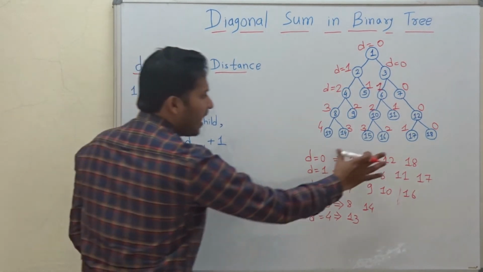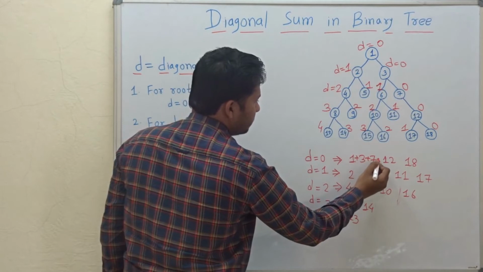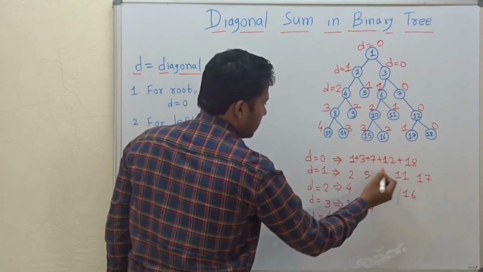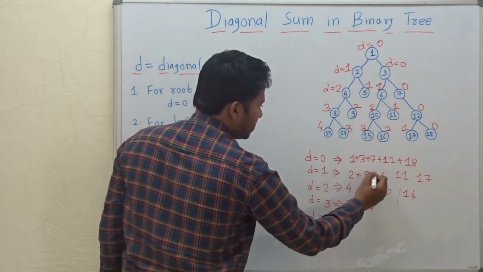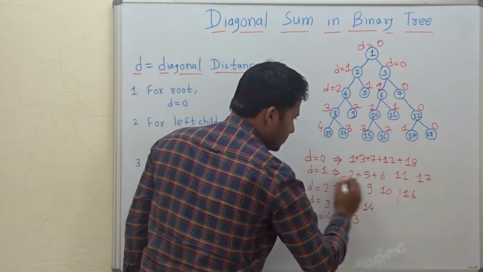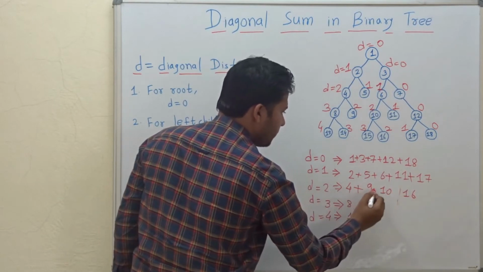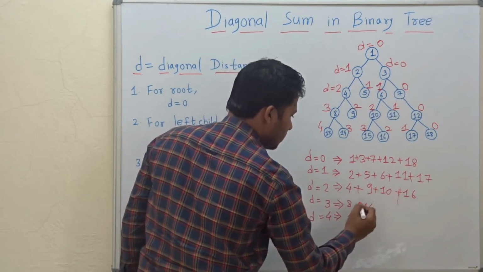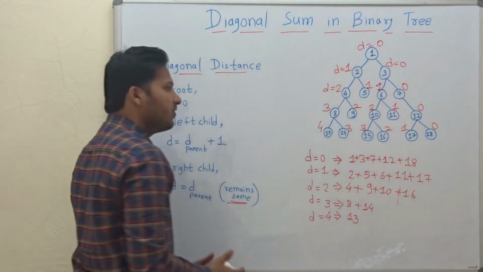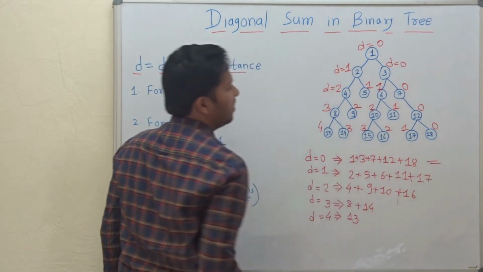Now let's add these nodes for each distance, that is, these are the diagonals in this binary tree. If we add these nodes, then obviously we will get the sum for each diagonal.